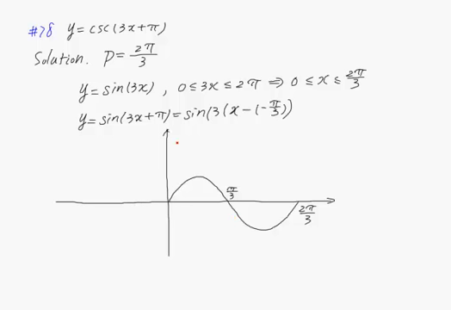Now to get the graph of y equal to sine of 3x plus pi, we need to shift the graph of y equal to sine of 3x to the left by pi over 3. So that means this point shifted to this point, and this point shifted to this point, and then we get the graph like this.